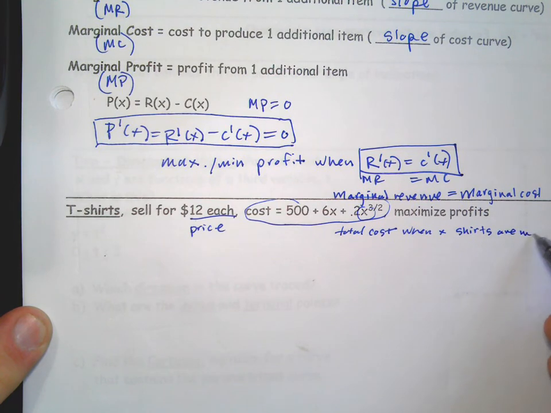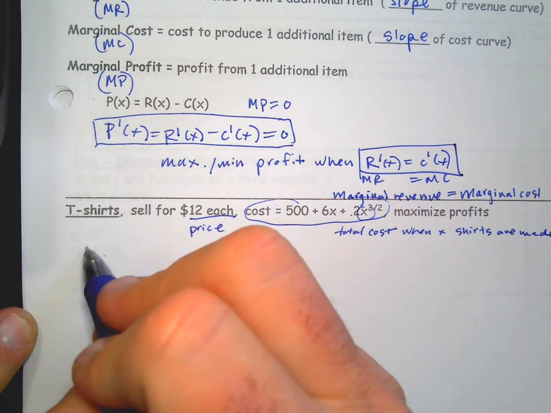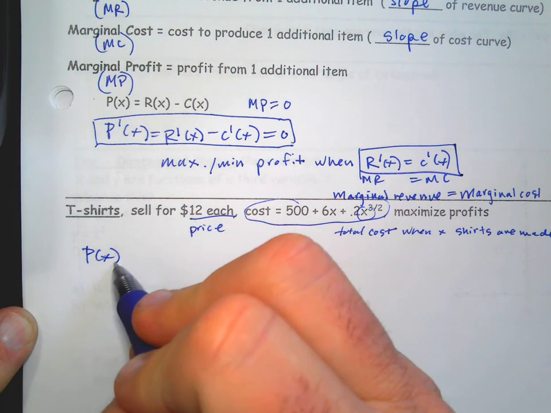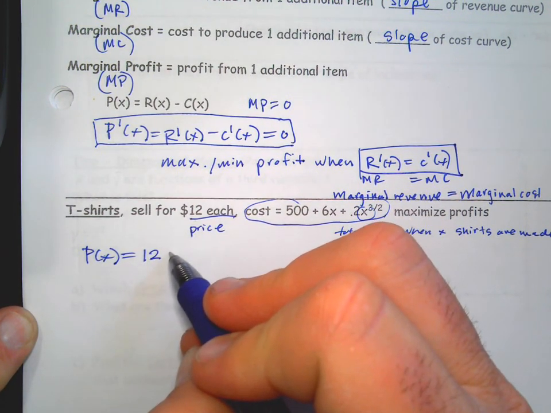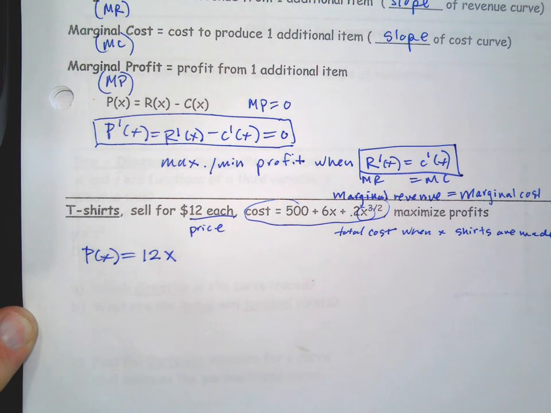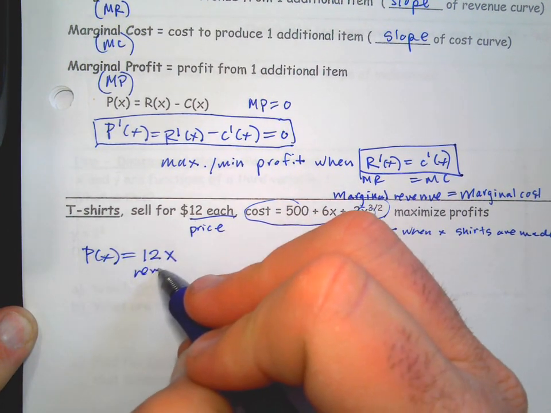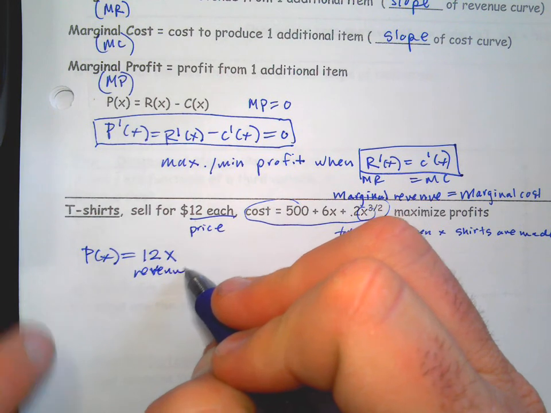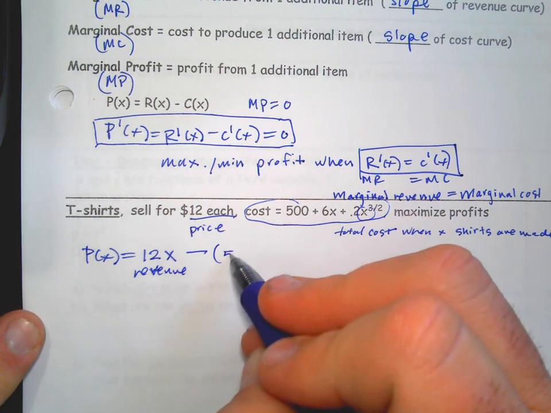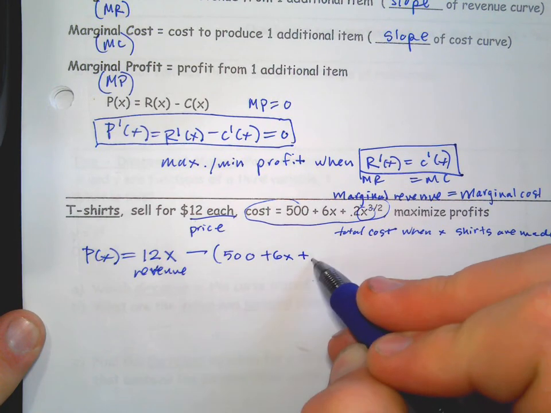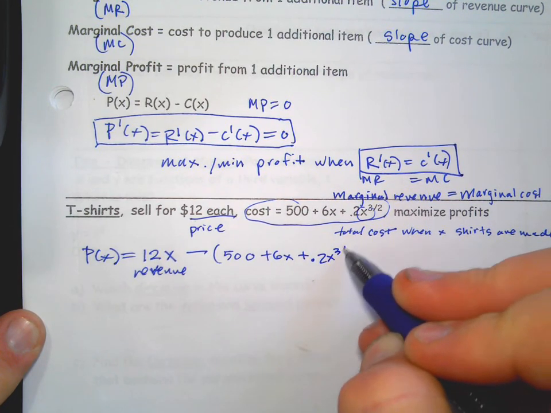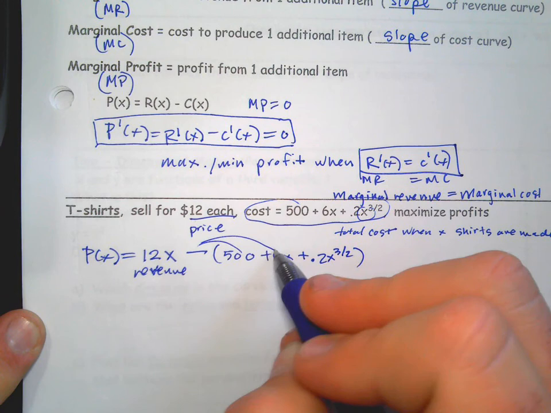Okay, so the profit is going to be the revenue, which is always $12 a shirt times how many shirts, x. That's your revenue, right? And then we're going to subtract the cost from it. Now, this cost expression has multiple terms, so I'm going to put parentheses around it first to make sure I don't forget to distribute.